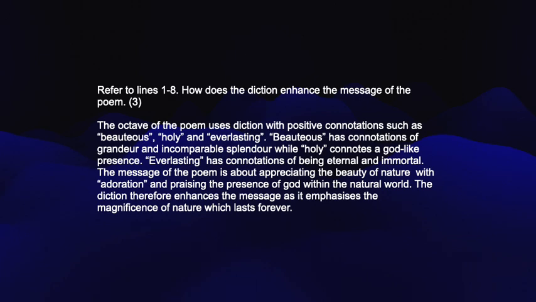Whenever it's a 3-mark question regarding diction, I would always suggest giving at least 2 different examples just to cover yourself. Now we get the 2nd mark, which is the message mark. The message of the poem is about appreciating the beauty of nature with adoration and praising the presence of God within the natural world. And lastly, we're showing how the one enhances the other. The diction therefore enhances the message as it emphasizes the magnificence of nature, which lasts forever.